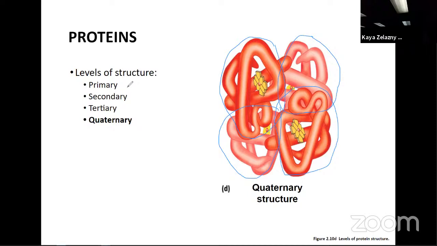Your table would look something like this. Our primary is our peptide bonds. Our secondary structure is formed by our hydrogen bonds. It's forming our alpha helix or our beta pleated sheet.